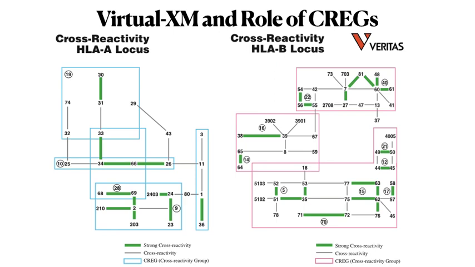Whenever we are doing virtual cross matches, most of us forget the fact that many times these antigens and antibodies that we see share cross reactivity. For example, here 60 is a B antigen, and imagine the patient has antibody against 81 and 48, and the donor HLA is B60.